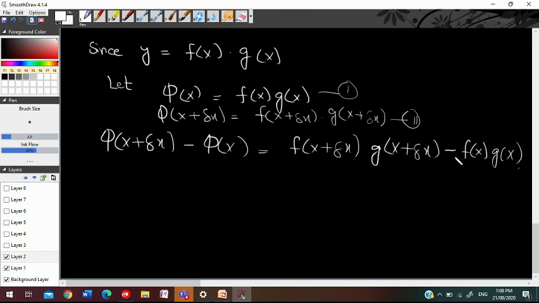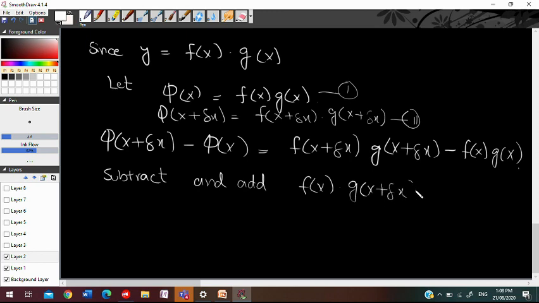Now, the next step is we subtract and add f of x into g of x plus del x. Okay.